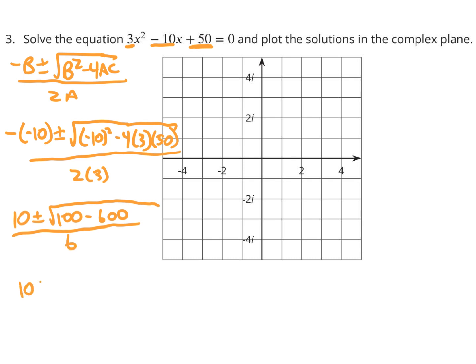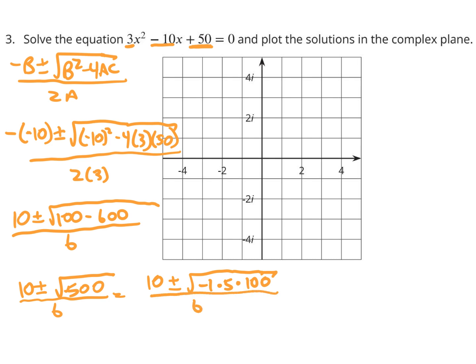I get 10 plus and minus the square root of negative 500 over 6. Oops, that's negative 500, which equals 10 plus or minus, I'm going to separate this into negative 1 times 5 times 100, all over 6.